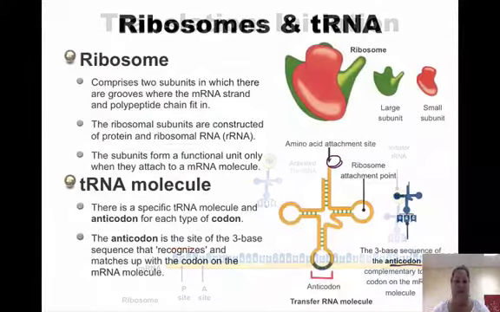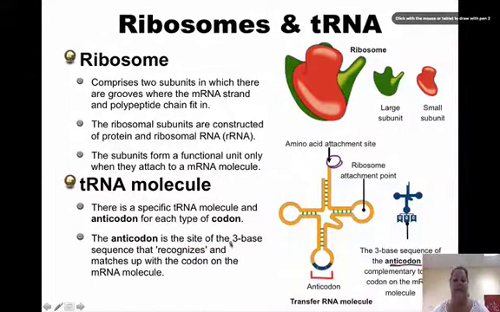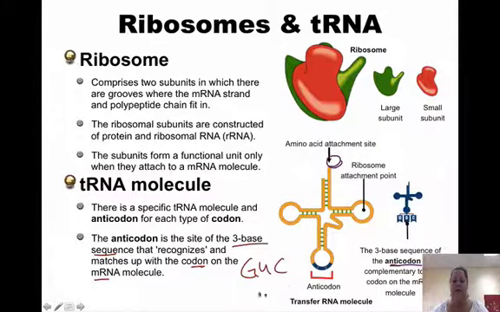The anticodon is the site of the 3-base sequence that recognizes and matches up with the codon of mRNA. So if our mRNA is, let's say, GUC, this is our mRNA. Our anticodon, our tRNA, so what's the opposite?